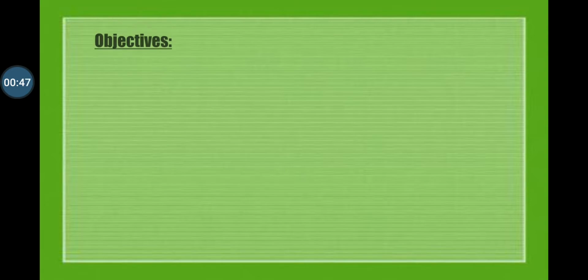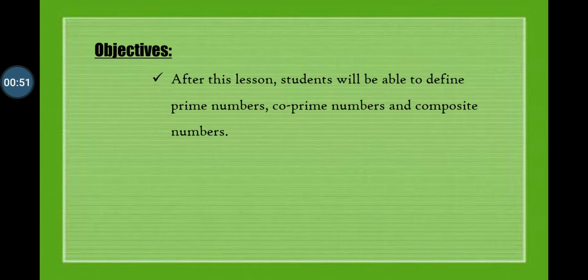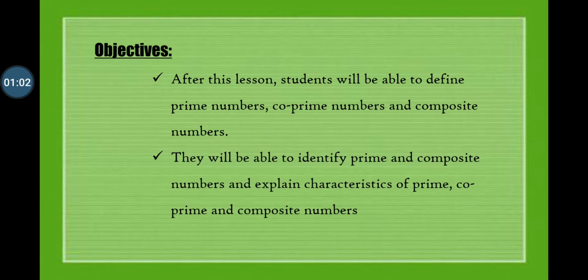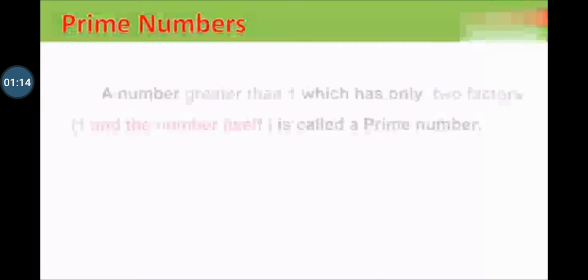So, the objectives of our today's class is, after this lesson, my all dear students, they will be able to define prime numbers, co-prime numbers and composite numbers. And I'm sure they will be able to identify prime and composite numbers and explain the characteristics of prime, co-prime and composite numbers. So let's learn through some examples.